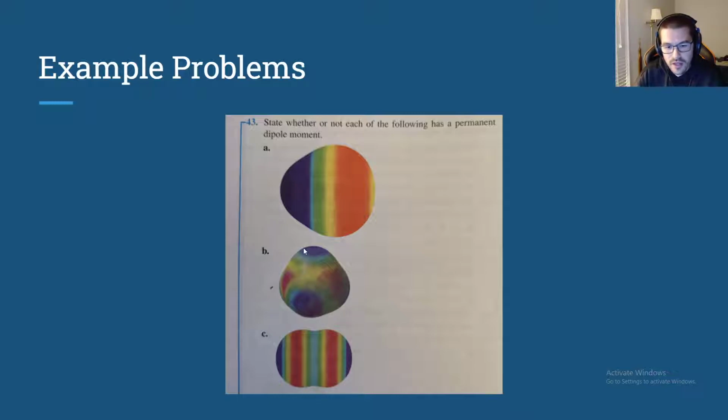And then we have these two blue regions here. This is another example of symmetrical dipoles that counteract each other. So there are some negative regions in the middle here, and then positive regions on the end. Overall, there's no permanent dipole moment because of the symmetry here.